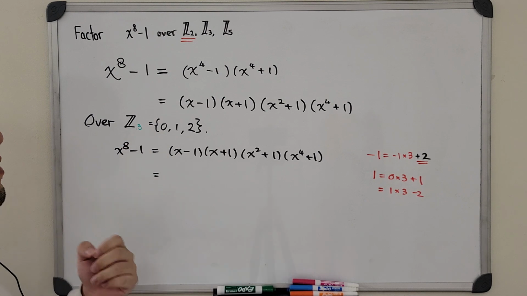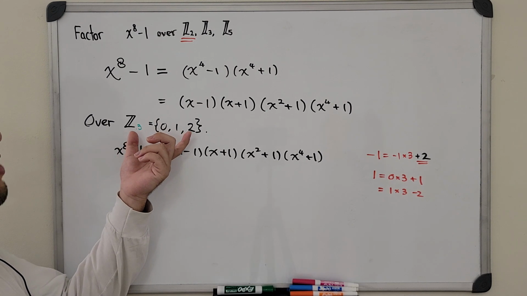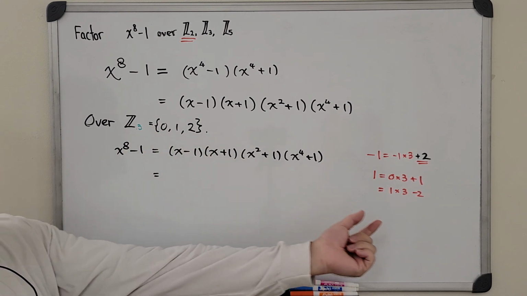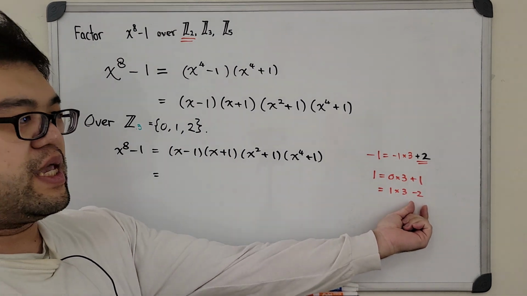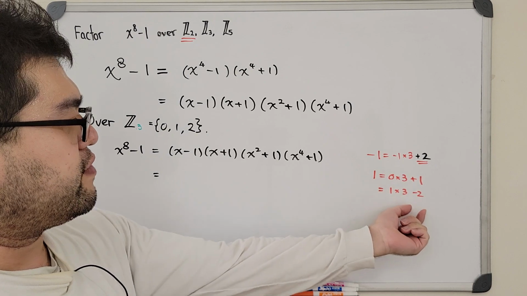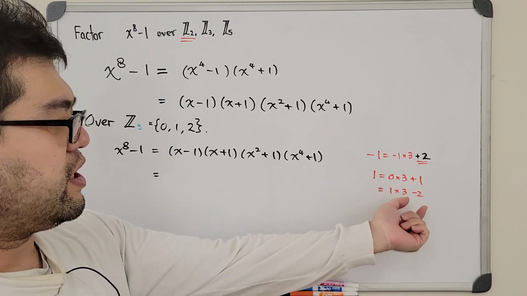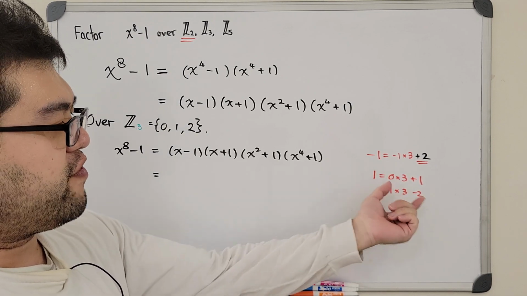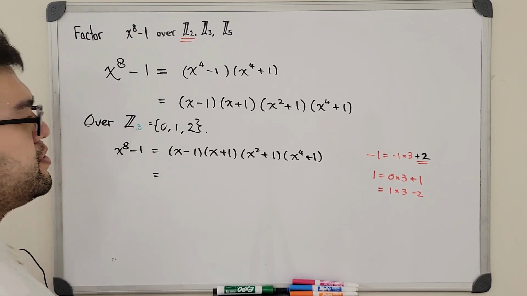So why are we allowed to do that? Because those are in the same equivalence class. Or in other words, they actually have the same meaning, even though they have different representations.